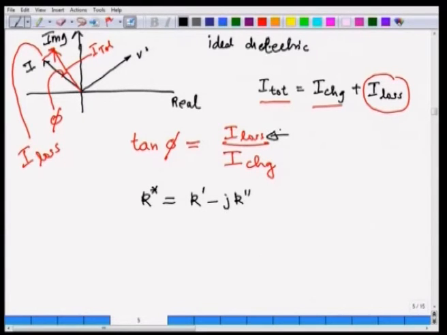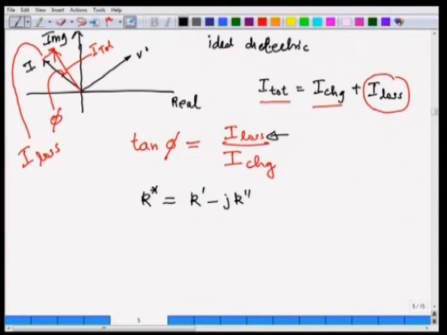So that is what k prime and k double prime are, and this charging current for the ideal dielectric was connected to k prime. Let us now do it in a more generic fashion to understand what this loss term is and where it comes from. If the capacitor is perfectly ideal, then we know what this is, but where does the loss come from, and that is what we are trying to understand.